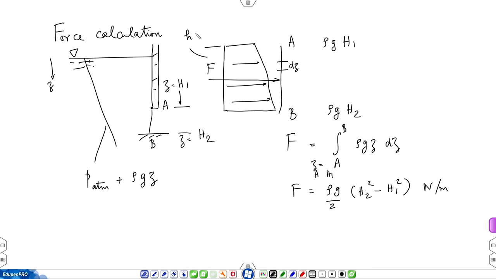But let us say you want to locate the point of action of this force F, and let us say it is a distance h from A, then F times h will be equal to, you can balance moments and write integral A to B rho g z dz times z, this is force times the moment. Okay, and from this equation you can find h.